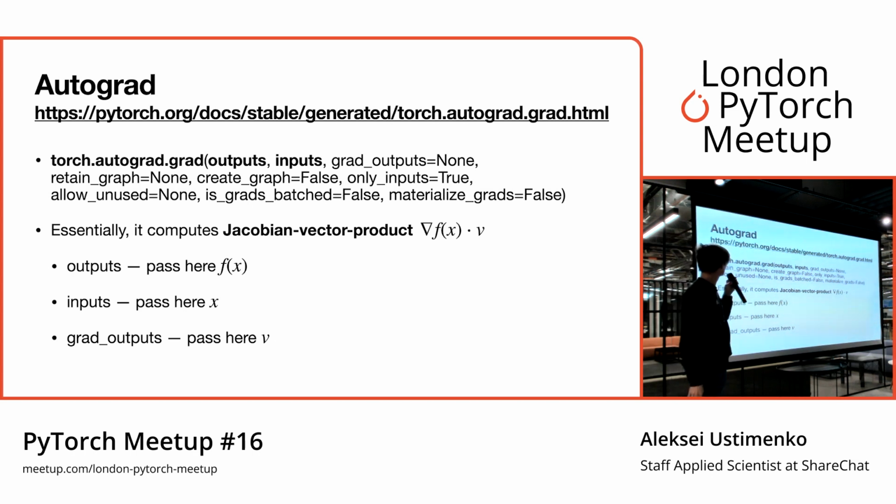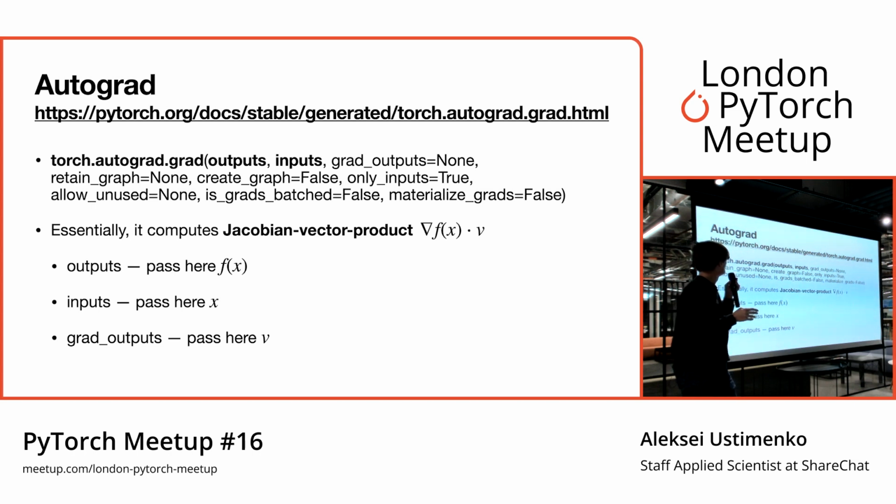The basic function that exists in PyTorch Autograd is just the function grad, not surprisingly. What it does is compute a Jacobian vector product, and that's one of the main concepts implemented in PyTorch.